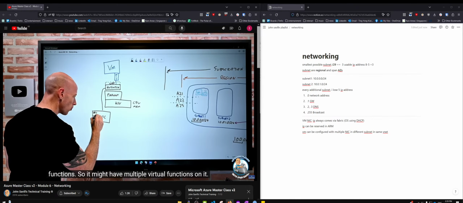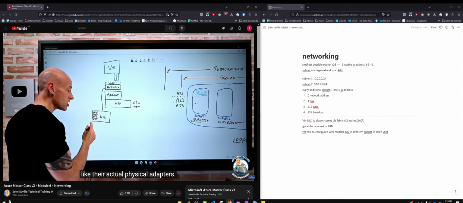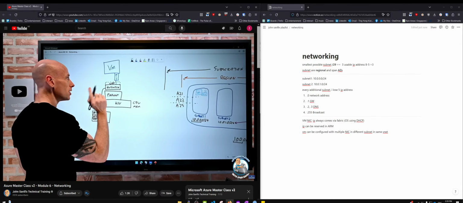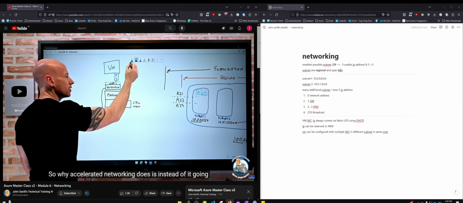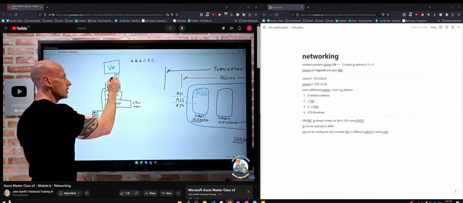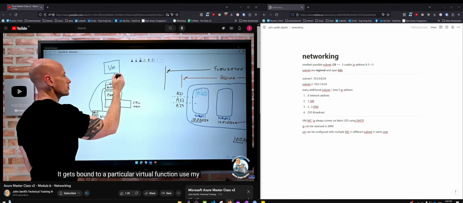So it might have multiple virtual functions on it, let me draw three of them, that really can expose themselves like they're actual physical adapters. So what accelerated networking does is instead of going via the Hyper-V switch, it gets bound to a particular virtual function.